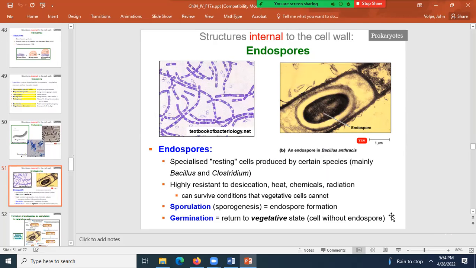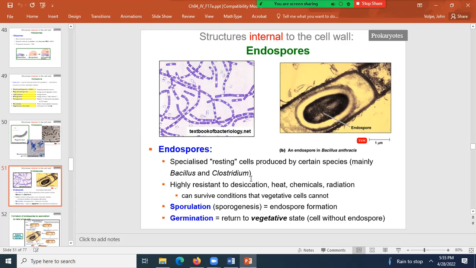Another thing you can see inside prokaryotic cells are endospores. Endospores are specialized resting cells produced by certain species when the environment becomes detrimental. These species tend to be in two families, family Bacillus and family Clostridium.